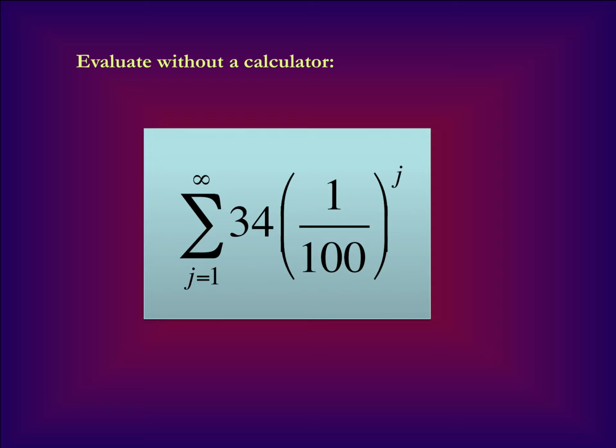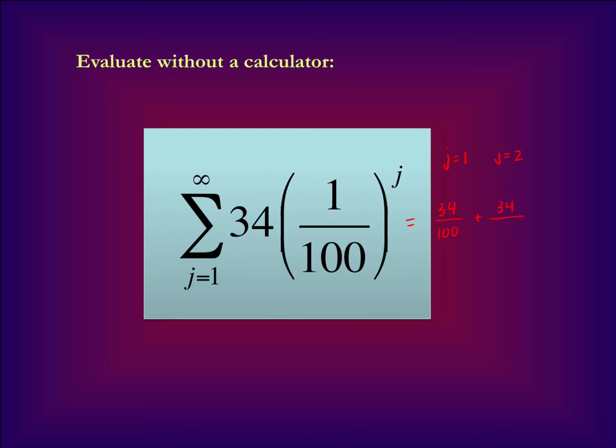So we want to start, okay, well, what are the first few terms in this series? We know, essentially, what if j is equal to 1? What's our first term? This is going to be 34 over 100. Plus, if j is equal to 2, we're raising 1 over 100 to the second power, squaring 1 over 100.